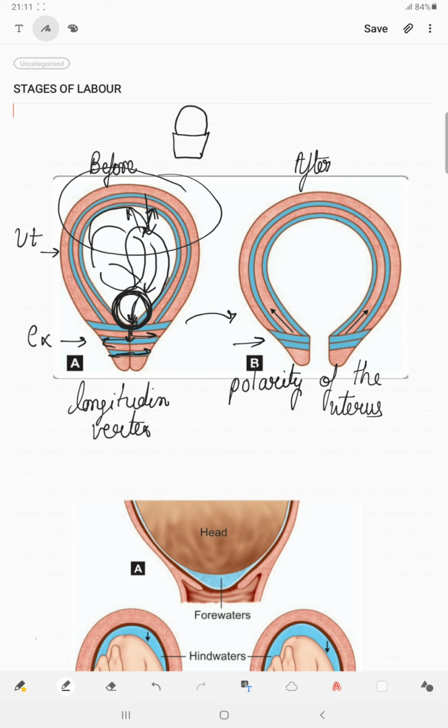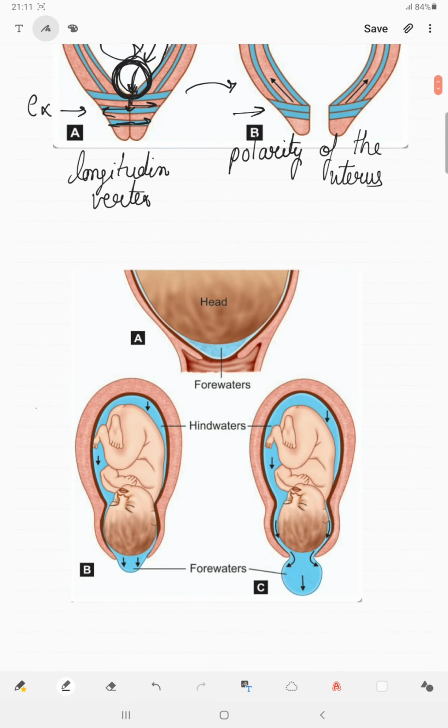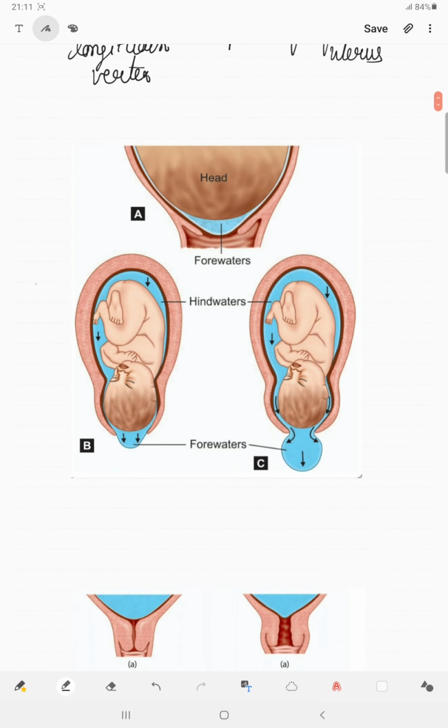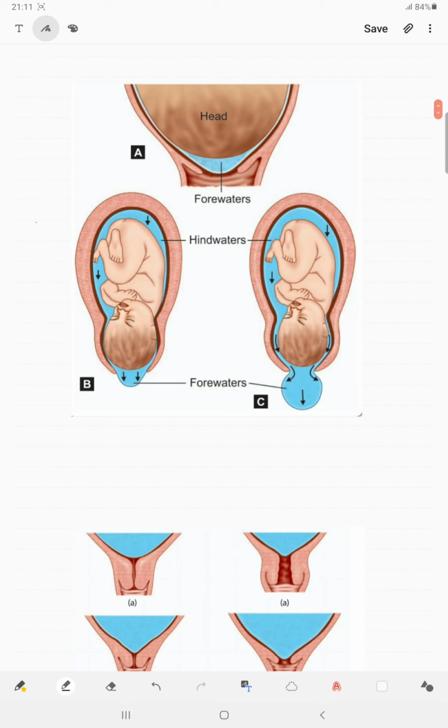Now what do you mean by membranes? Membranes are the amnion and chorion that I had already told in the previous video, right? I had told the formation of those membranes. So these are the membranes, and the membranes contain what? They contain the amniotic fluid or the liquor amnii, right?